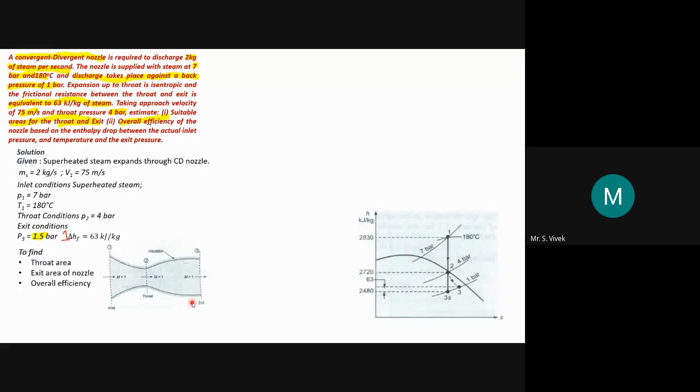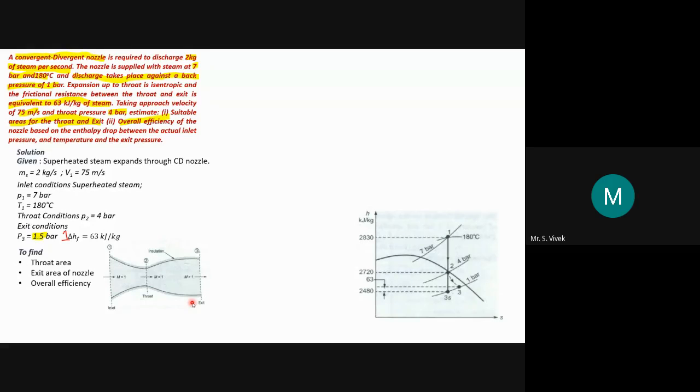So this is the convergent divergent nozzle. It is better you draw the diagram of the nozzle in every problem. That will give you an additional advantage. This is the Mollier chart diagram. You can draw it while solving the problems also.